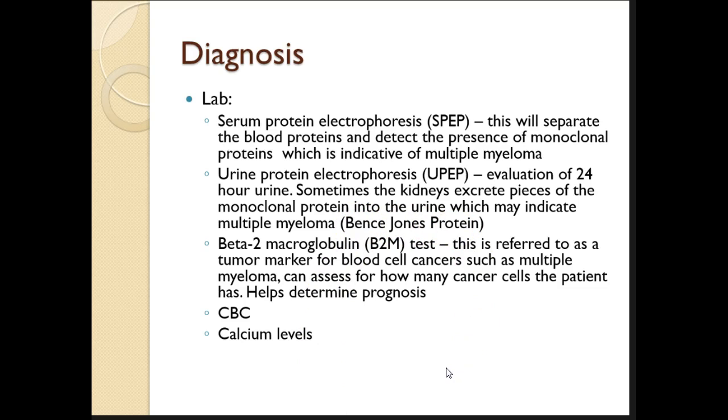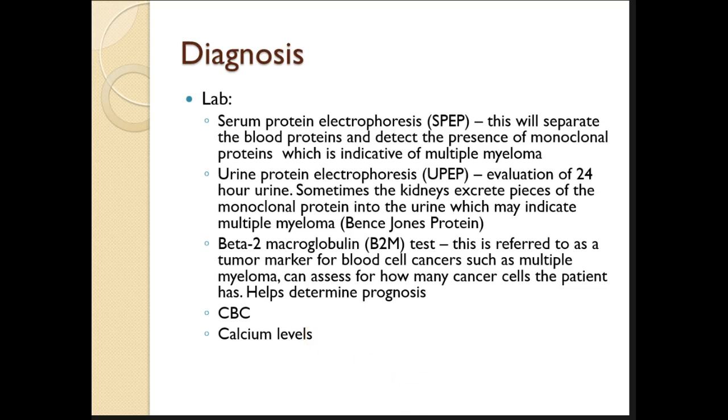Your beta-2 microglobulin test is referred to as a tumor marker for blood cell cancers, such as multiple myeloma, and can assess how many cancer cells the patient has and help to determine prognosis. Your patient will get a CBC, and most importantly, calcium levels will be done to see how involved the disease is, and also to treat for high calcium levels.